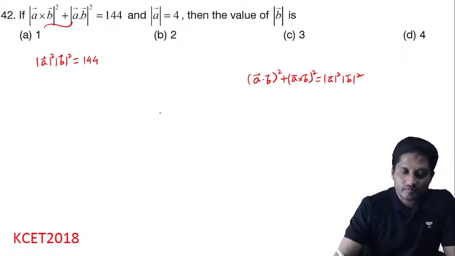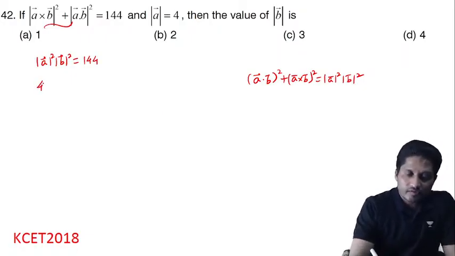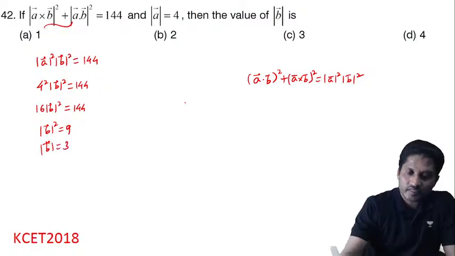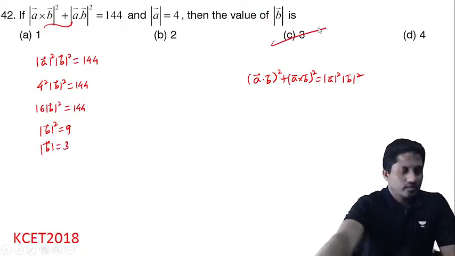Modulus of a is 4, so this is equal to 4 square into modulus of b the whole square equal to 144. 16 into mod b the whole square equal to 144. Mod b the whole square is equal to 9. Modulus of b is equal to 3. That's the answer. Answer is option C.